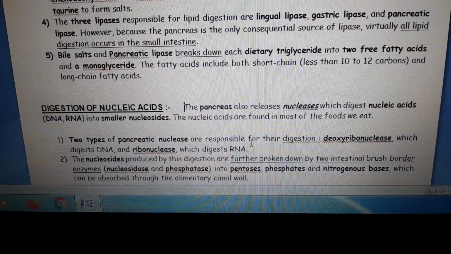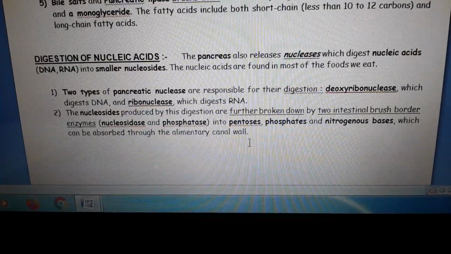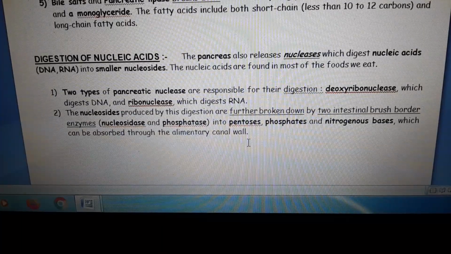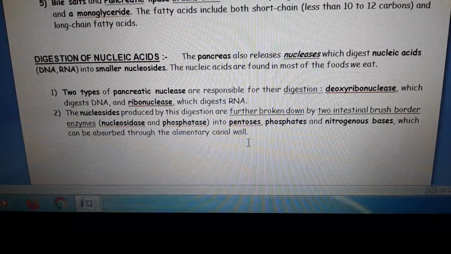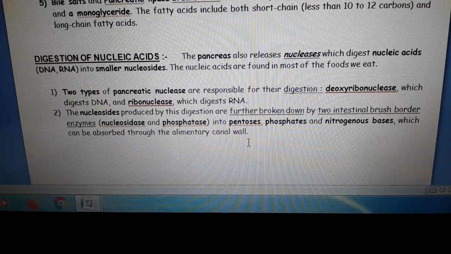And lastly, I come to the digestion of nucleic acids. The pancreas also releases nucleases that digest nucleic acid. Nucleic acids may be of two types, DNA and RNA. So the nucleases may be of two types, deoxyribonuclease and ribonuclease.